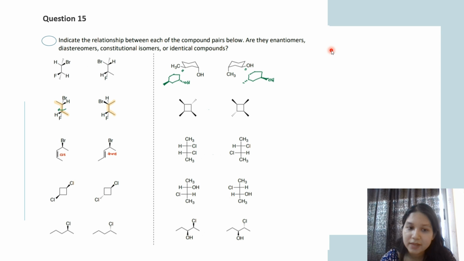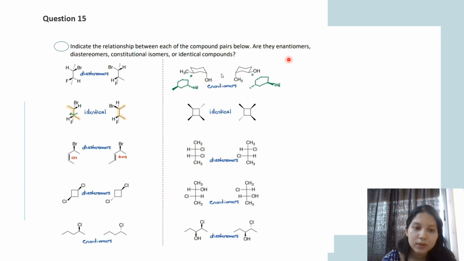I have also attached the answers to all the pairs. To solve the first pair, you have to convert both the molecules given in the first pair into their Fischer projections. And after converting the molecules into their Fischer projections, you have to assign the stereochemistry, like R/S configuration, to the asymmetric carbon atoms present.